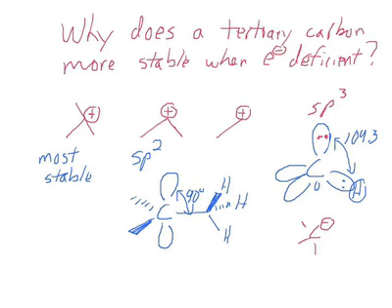Okay, so what the heck does that have to do with substitution? What it has to do with substitution is when you're sp2 hybridized, you can get close to this H and do something. The electrons in this CH bond can help out this empty p orbital, and we call that hyperconjugation.